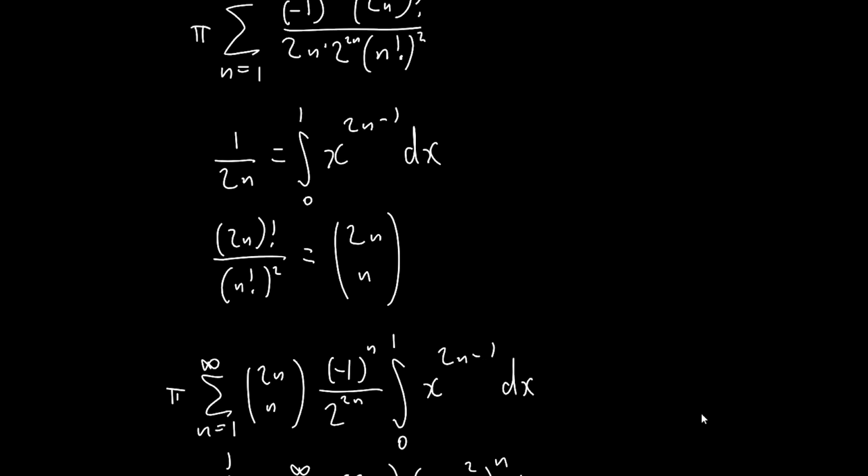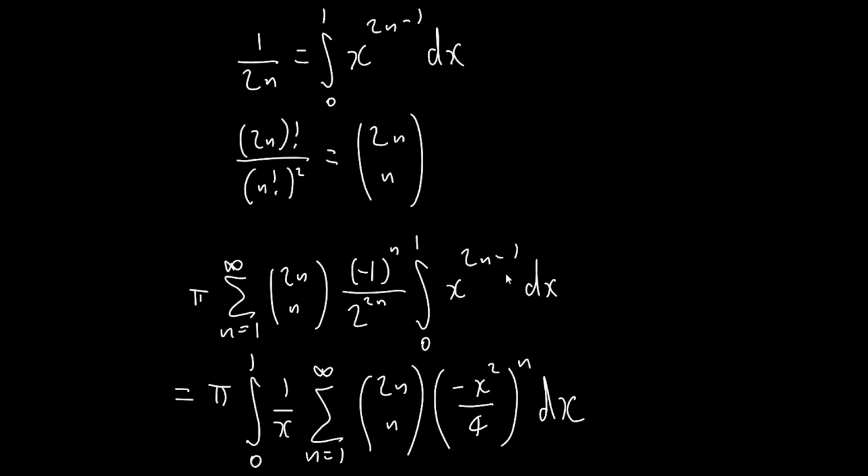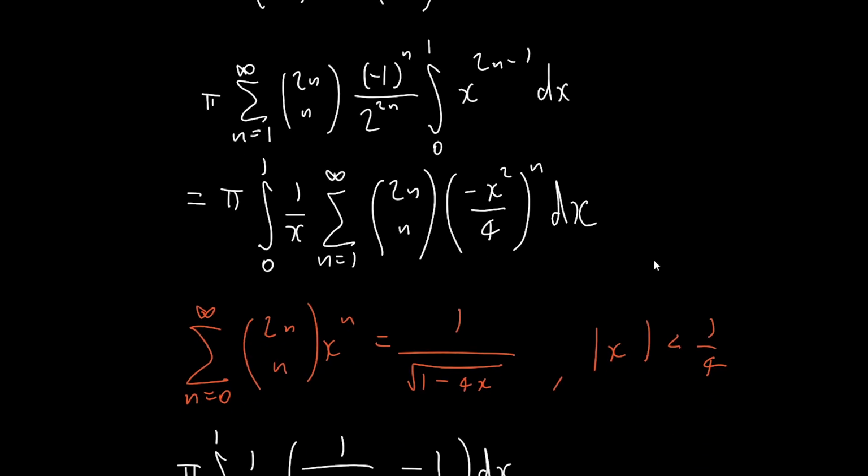We're going to write this slightly differently, as if we take the integral to the very front and have this x to the minus 1 term, that's just 1 over x. And now we have our sum from n equals 1 to infinity of 2n choose n. And then we can group this minus 1 to the n and this 2 to the 2n as minus a quarter to the power of n, as well as this x squared to the power of n, to get minus x squared over 4 to the power of n inside the integral and the sum.